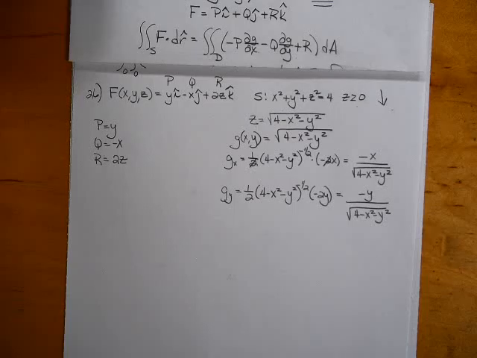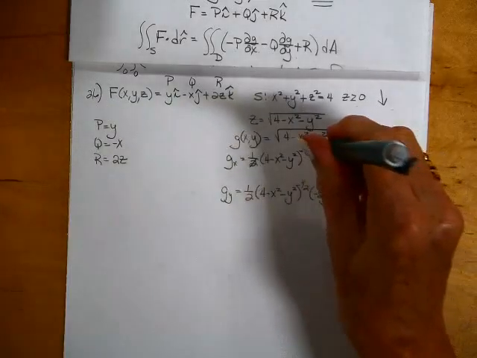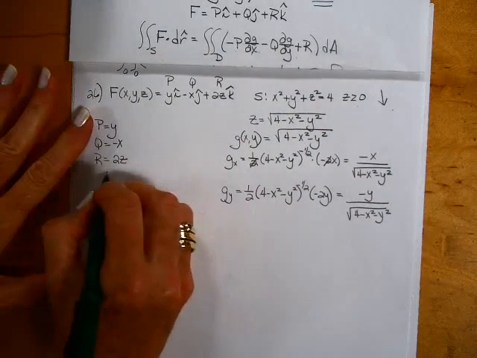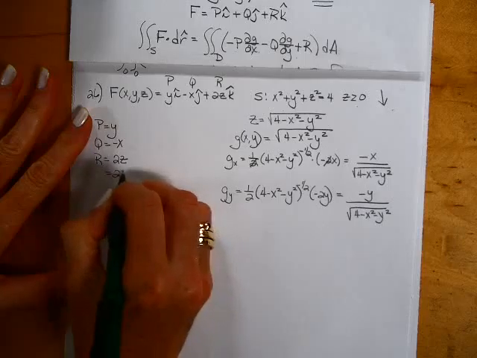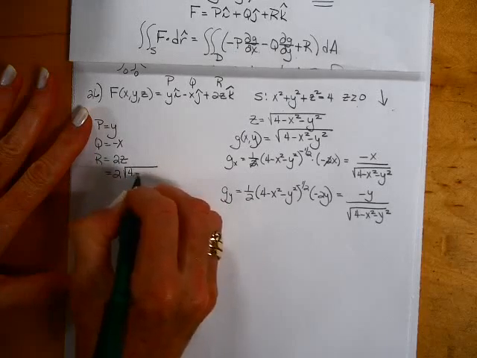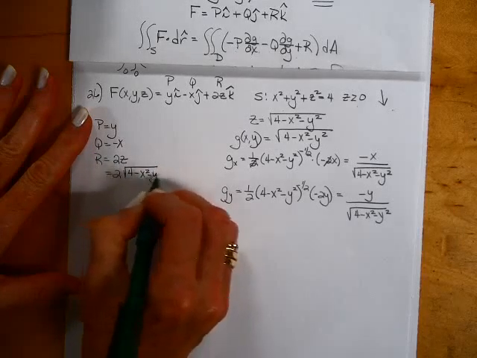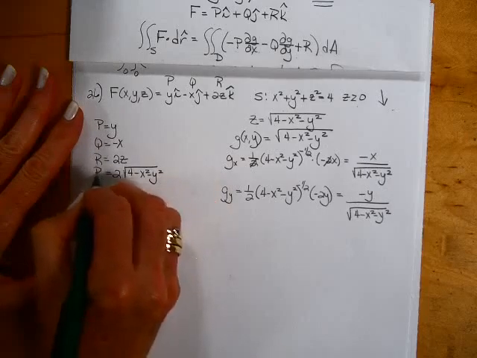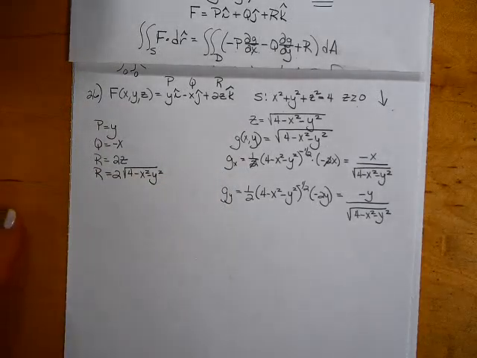But what is z? So R is actually 2 times the square root of 4 minus x squared minus y squared. That's R. Now, is everybody with me so far? I'm just getting the pieces, parts that I need. I've got my P, Q, R. I've got partial with respect to x, partial with respect to y.